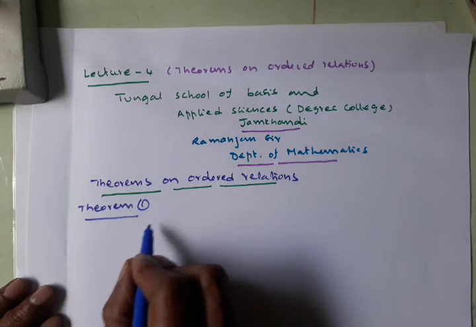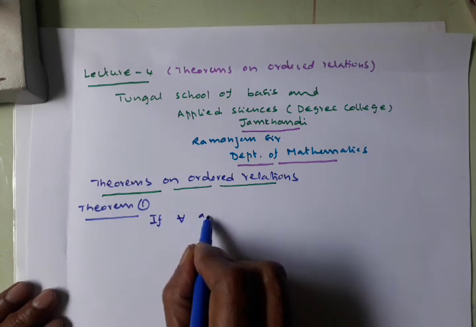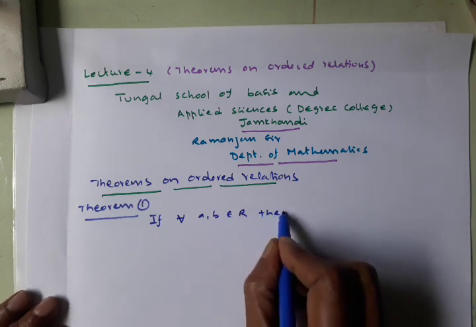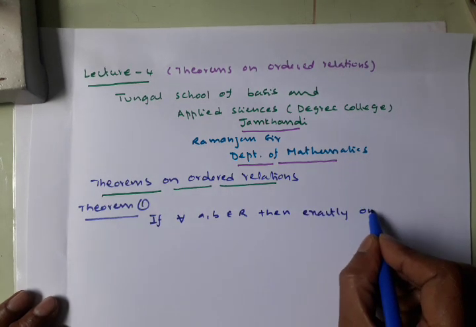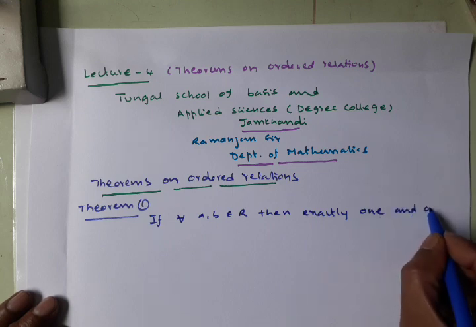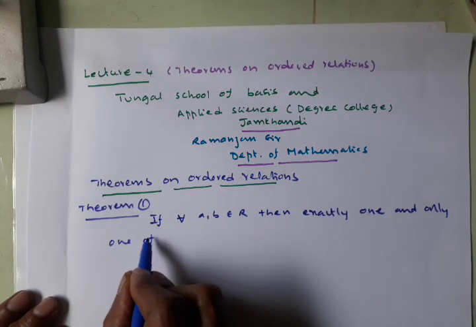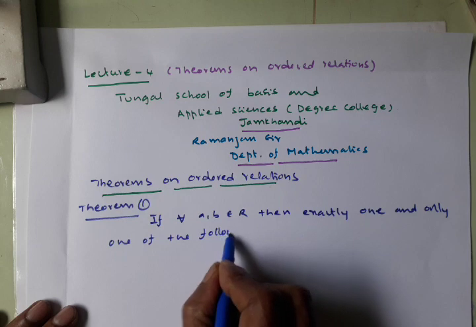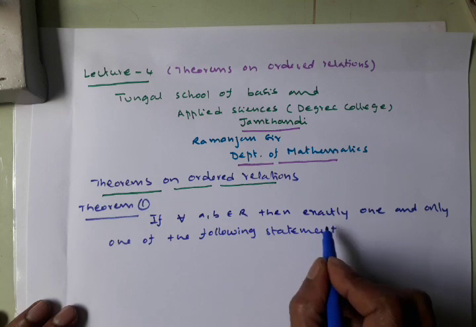Theorem 1: if for all A, B belongs to R, then exactly one and only one of the following statements is true.